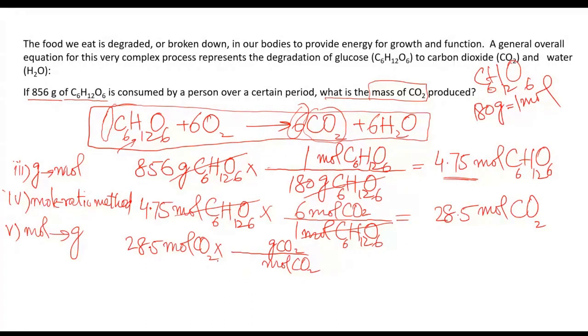Now, when you change mole to gram or gram to mole, what will you do? You will calculate molar mass. So what is the molar mass of CO2? 12 plus 32, it is 44. So 44 gram is equal to 1 mole. 1 with mole, 44 with gram.